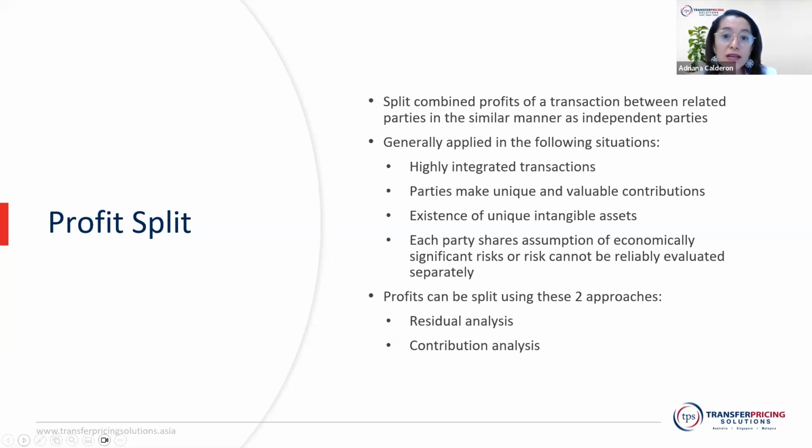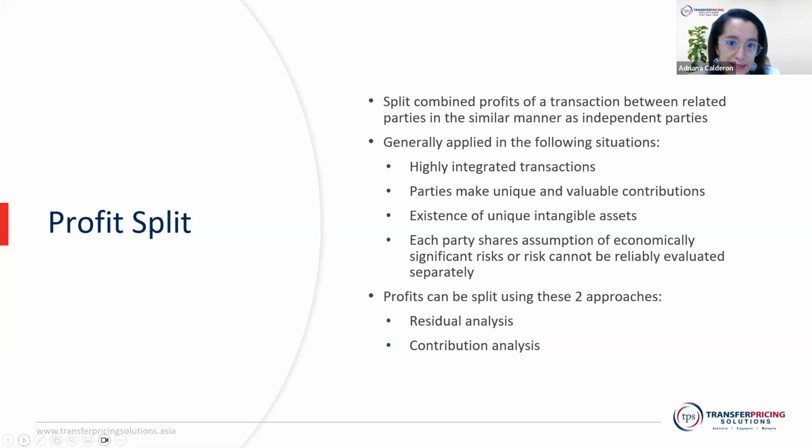Residual has a dual exercise of having to separate routine profits and allocate routine profits to the parties based on the normal transactional methods, followed by a split of residual profit, which is understood as the entrepreneurial profit, or the profit that needs to be allocated to all the entities in the group that contribute to the intangible, are key entrepreneurs, and contribute to the success of the business.